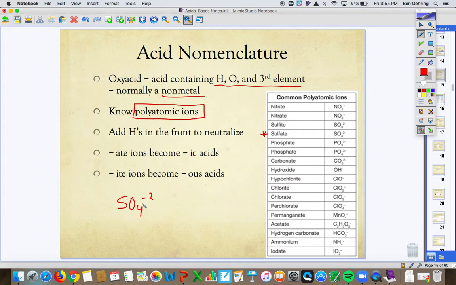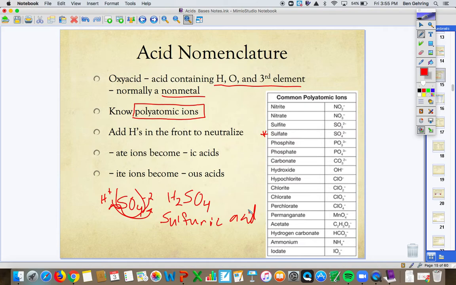So because sulfate is -2 and hydrogen is +1, when we cross and drop, we know that we're going to need 2 hydrogens to make it neutral. So this is going to be your formula for sulfate as an acid. And because sulfate ends in ate, it's going to become an ic acid. So instead of hydrogen sulfate, this is going to be sulfuric acid.